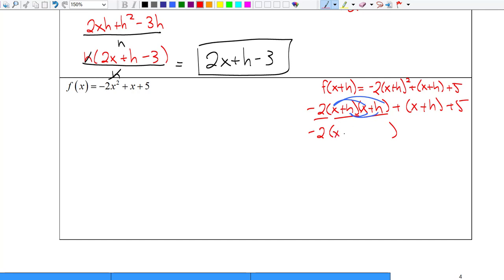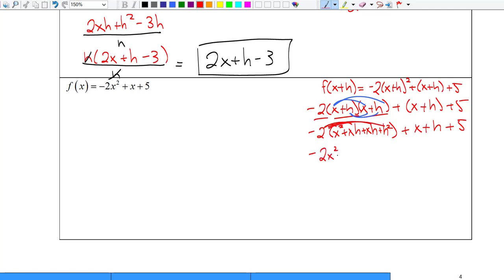Okay, so x times x is x squared, x times h is xh, x times h is xh. Again, I'm going to put it in the same order. It doesn't really matter which order you pick, just put it in the same as the first one you chose. Now that I've distributed x plus h squared, I can go back and multiply the negative 2 to every term.